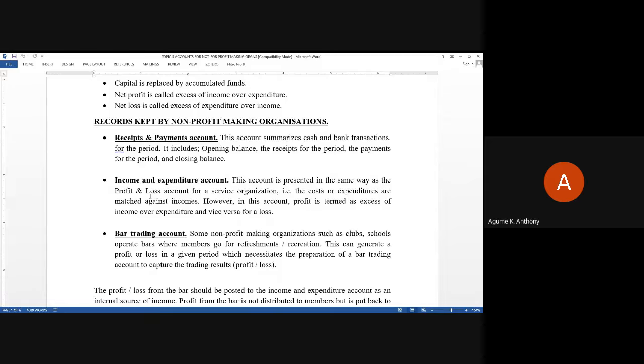Because much as it is a non-profit, you cannot rely on only donations and maybe income from subscriptions. You may find that yes, it is non-profit, but it has put in place an investment wing whereby it generates some income.